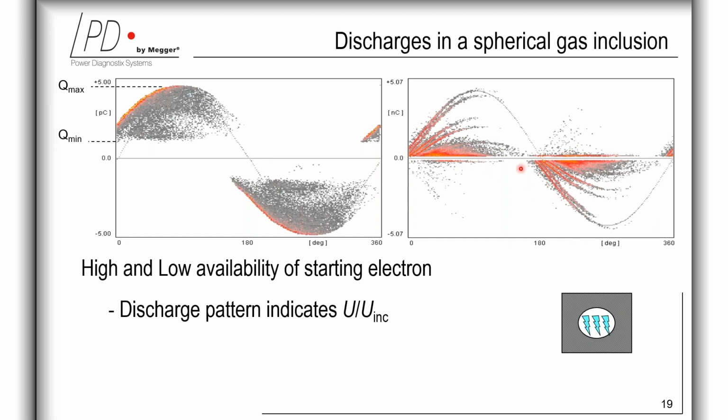Here you can see, compared to the pattern on the left-hand side, a lower availability of free electrons. These voids are similar, but they have different sizes, or the efficiency of coupling to the object under test is different, leading to different amplitudes.